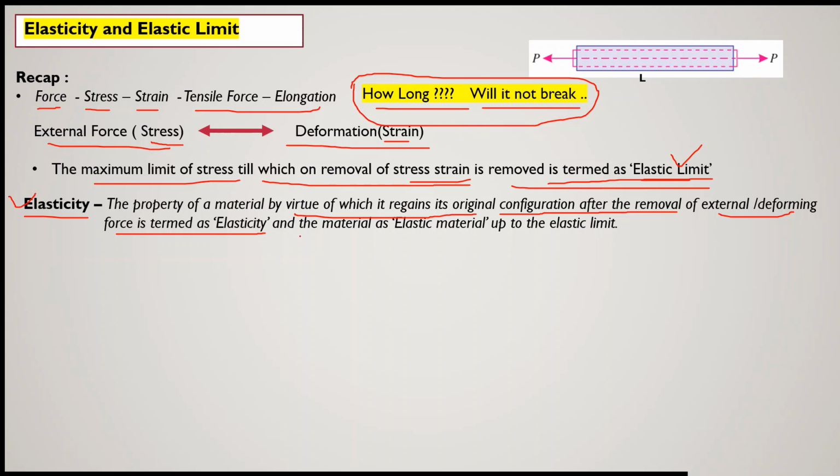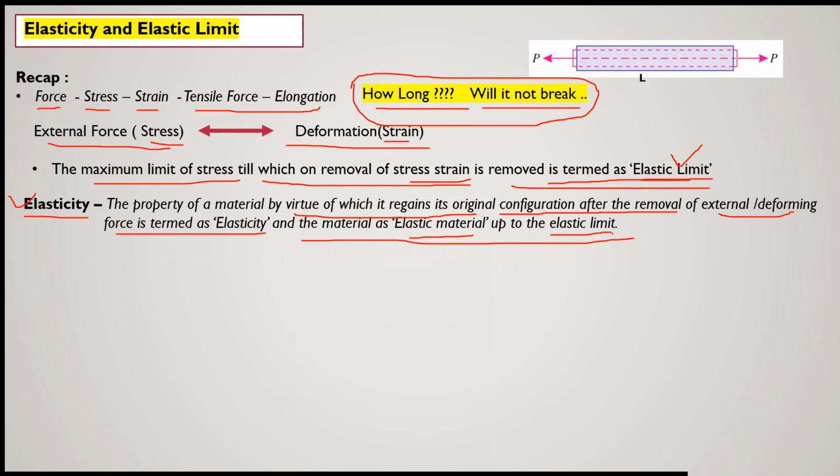If you decrease force, strain will decrease. A material can behave like this, that when stress is removed, strain is removed. If a material shows this behavior, that on increasing stress strain increases, and on decreasing stress strain decreases, we will say that this material is an elastic material.